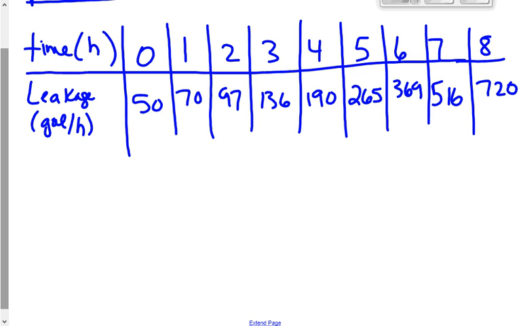So, part A says give an upper and a lower estimate for the total quantity of oil that has escaped after 5 hours. So, let's start by looking at the upper limit.